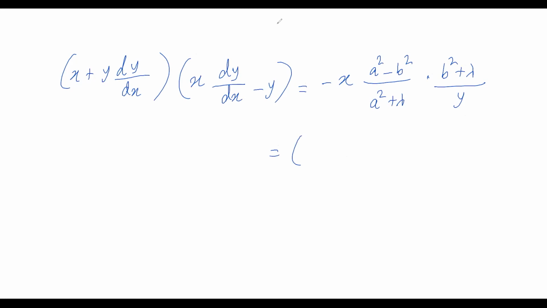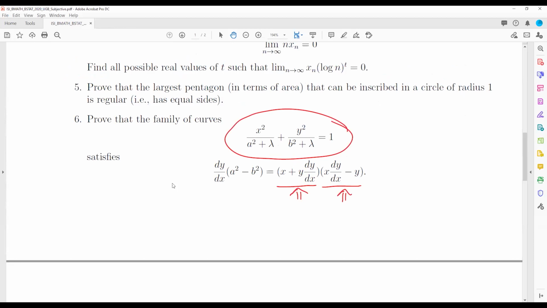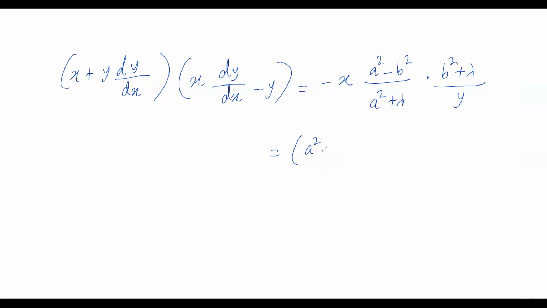now you must see what you have to prove: that dy by dx times a squared minus b squared. So let's take the a squared minus b squared part out and see what we have inside: minus x by y times b squared plus lambda by a squared plus lambda.